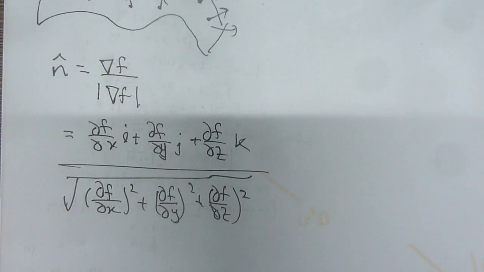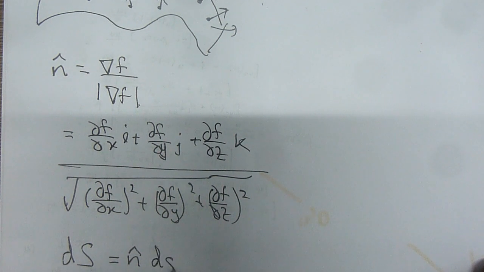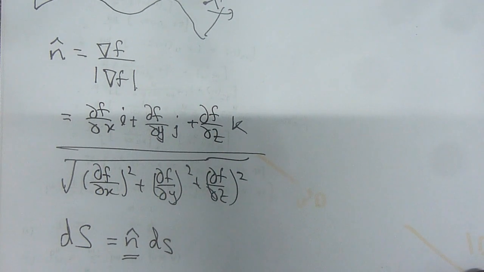Now with that, we go back to the second definition. Now you see in the dS, we started with this, right? I already defined to you what n is now. Now you can see, n can be smooth or not smooth.